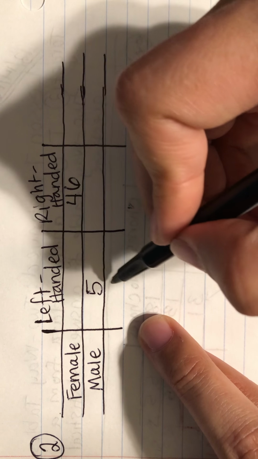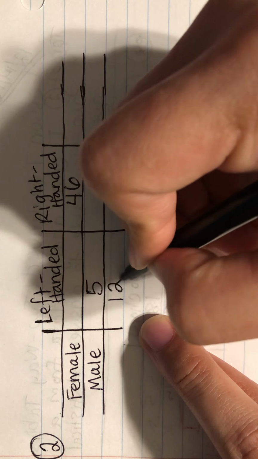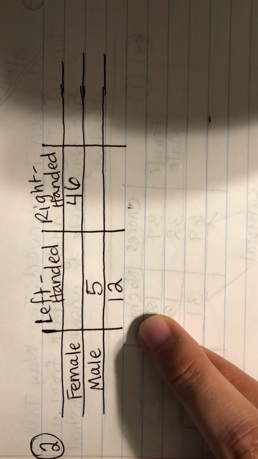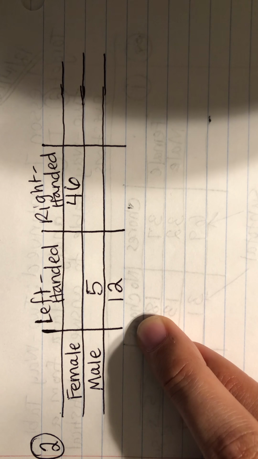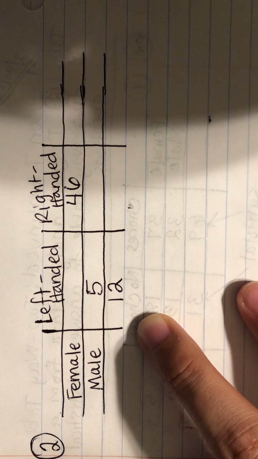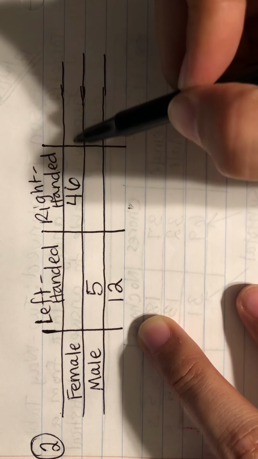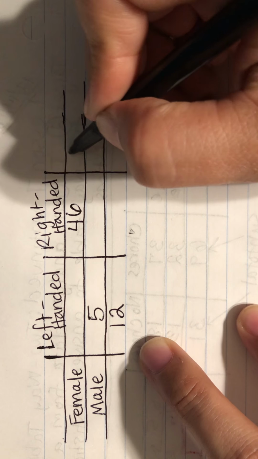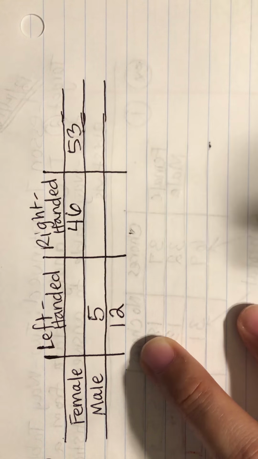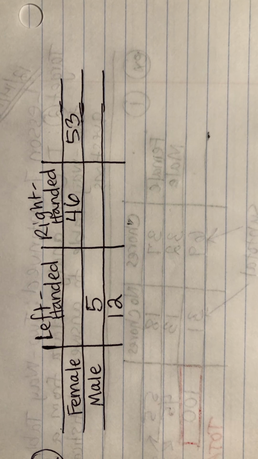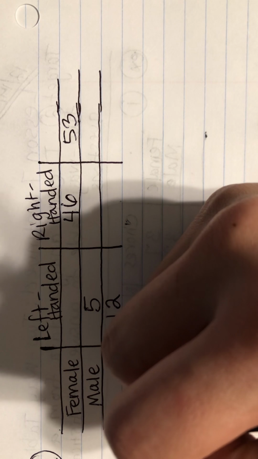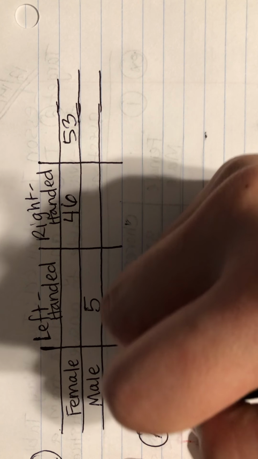So our subtotal for left-handed is 12. And they also give us that the total females that were asked were 53. So our total amount of females that were asked were 53 of them. Part A is fill in the table.